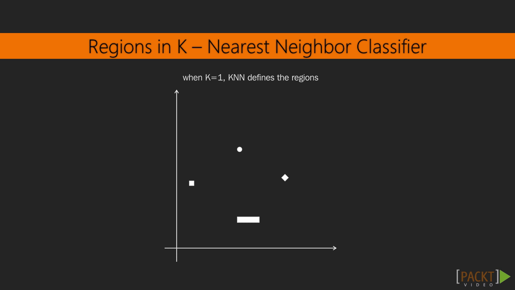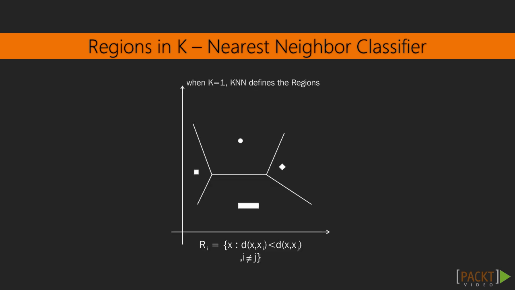Suppose on the screen you could see that we have 4 different target class symbols. That is square box, circle, diamond, and rectangle symbols. As we have 4 different target classes, from our previous slide, we know that the model will split this into 4 specific regions. But let's see how the regions look. This is the way the model will split the 4 target classes into 4 specific regions.